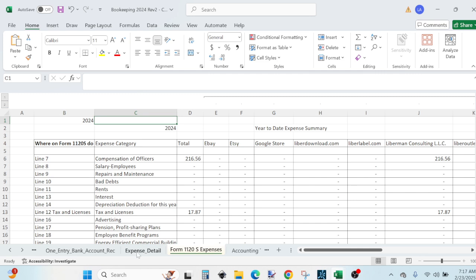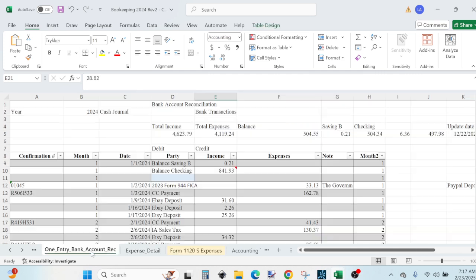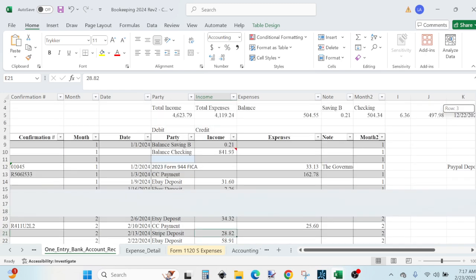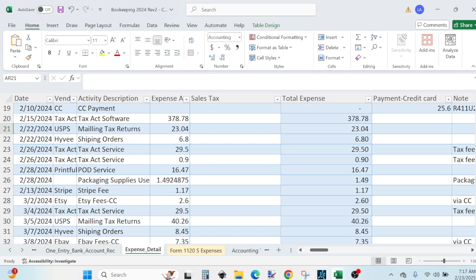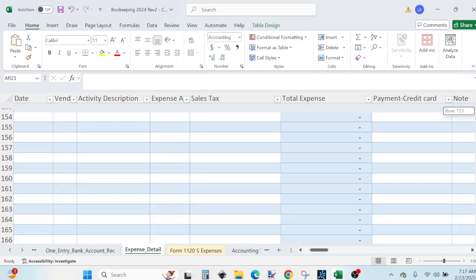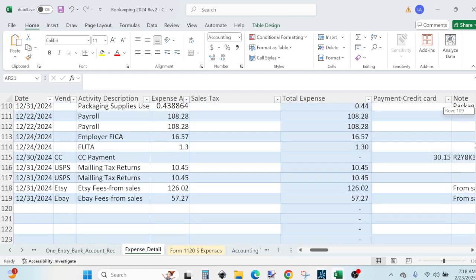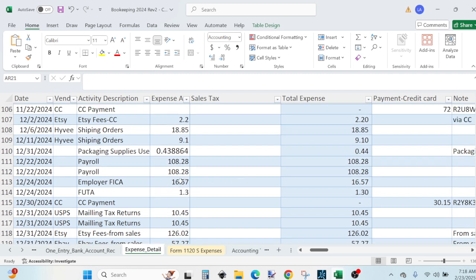And let's see, if we scroll all the way down, in fact, if we scroll down, you see 1787 for your unemployment tax and employer payroll tax.